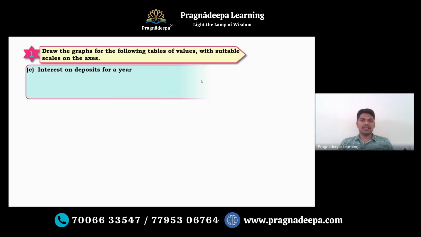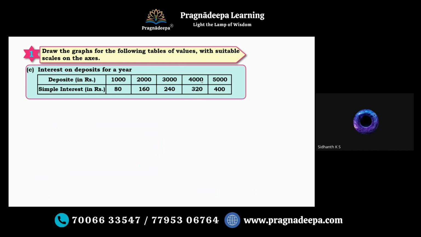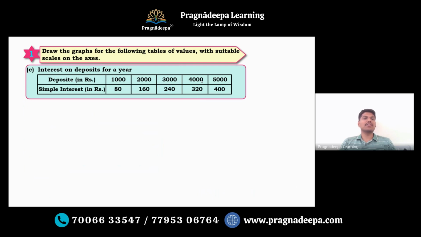Now see, again the same kind of problem. Draw the graphs for the following tables of values with suitable scales on the axis. Which are the two things that they have given? Sir, the amount of money deposited and simple interest. Very good. So, for example, if they deposit 1,000 rupees for 1 year, what would be the simple interest? 80.